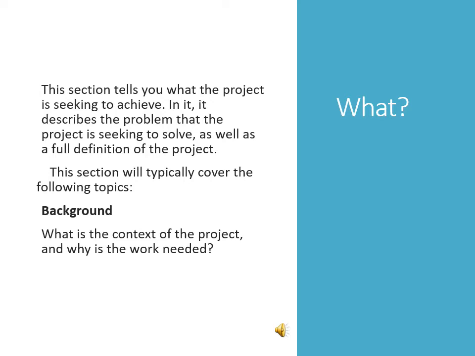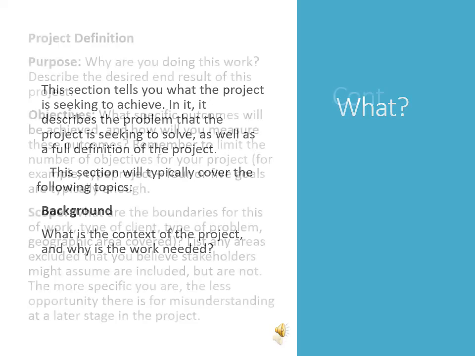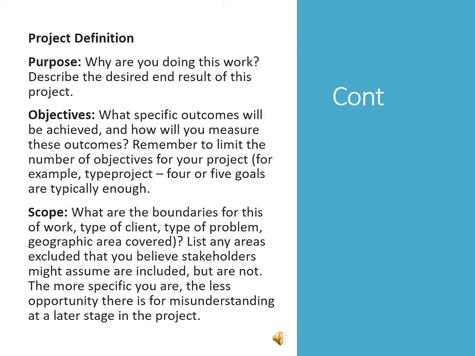And you will see that this section typically covers the following topics. You have the background: what is the context of the project and why is the work needed. Project definition.